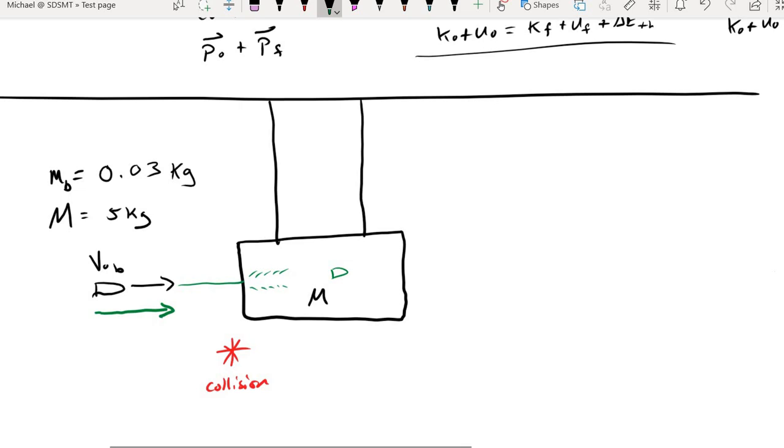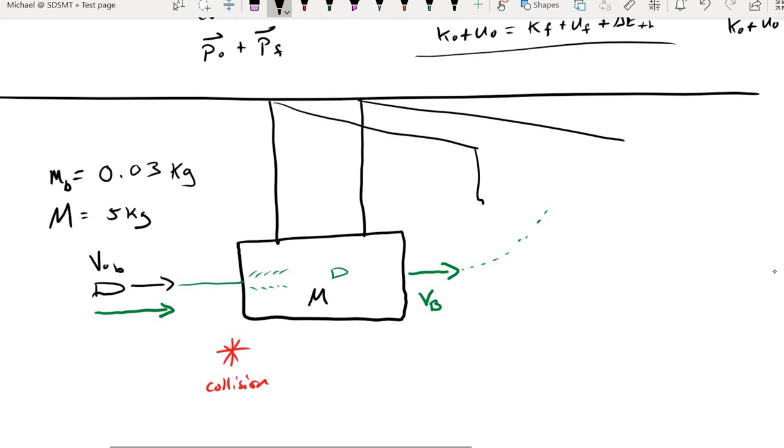And then after the collision, all of the momentum of the bullet will be absorbed by the block, and this block is going to start moving. And once that block starts moving, well, it's anchored to the ceiling, so the motion of that block is going to be restricted to some kind of a circular path or an arc. And that block is only going to be able to swing so high.